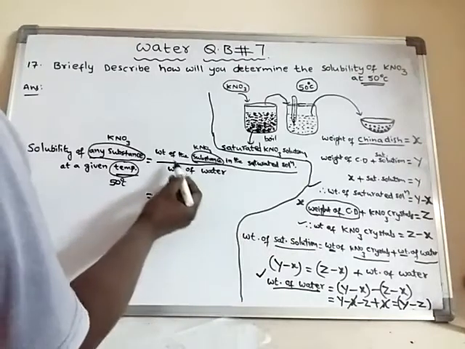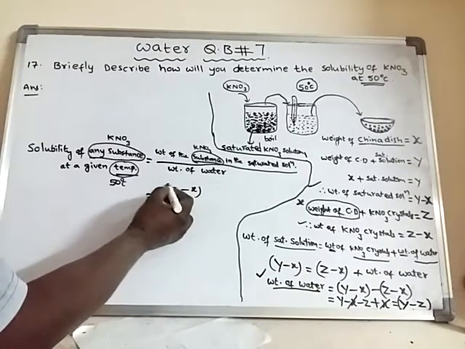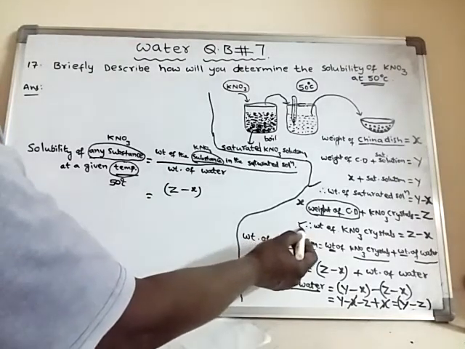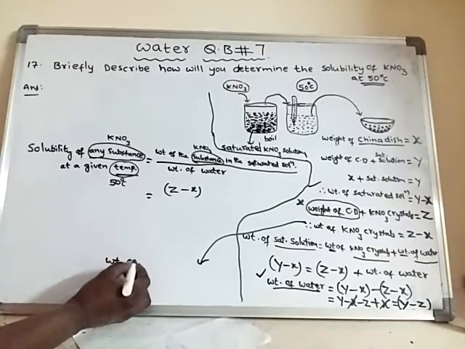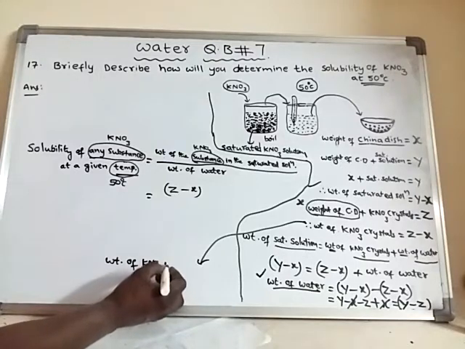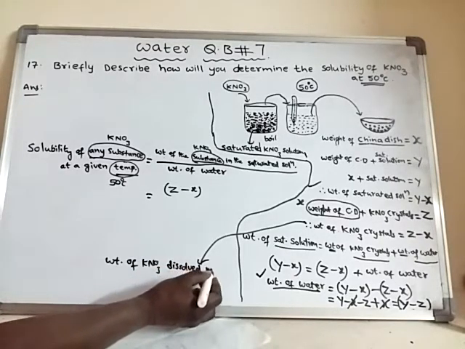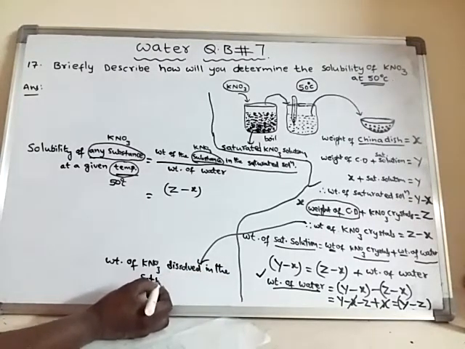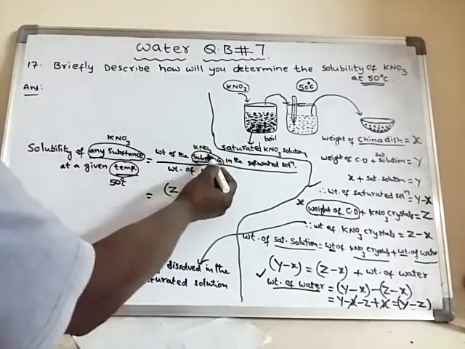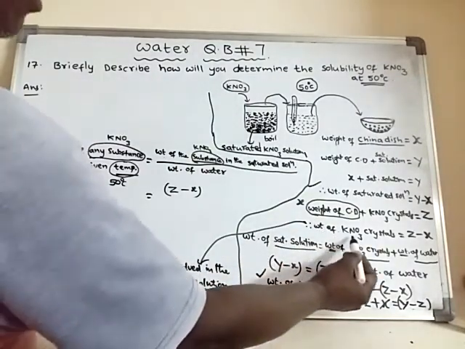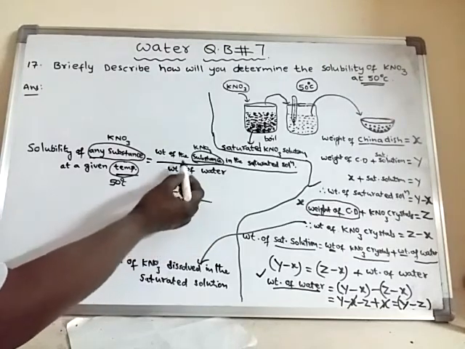So the weight of KNO3 dissolved in the saturated solution is nothing but the weight of KNO3 crystals we obtained after evaporation of the saturated solution. Here this one is Z minus X.